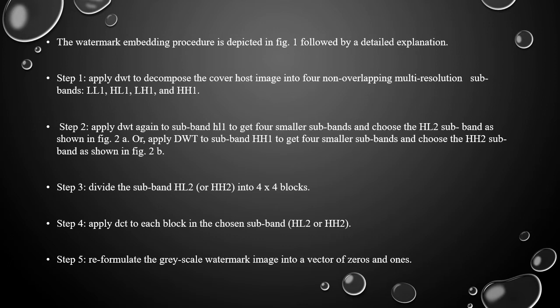After that, we apply DCT to each block in the chosen subband, that may be HL2 or HH2. Then the fifth step is to reformulate the grayscale watermark image into a vector of 0 and 1. This is for formulating the watermark image.